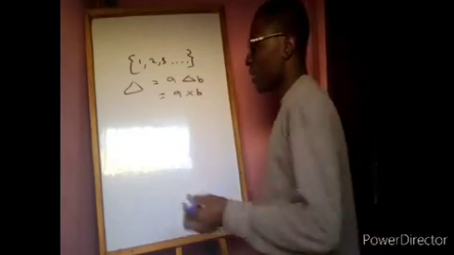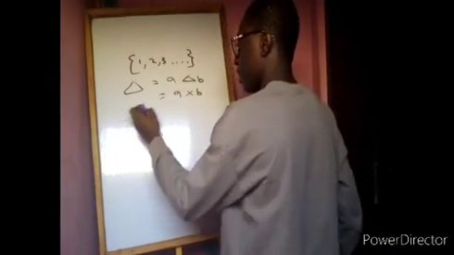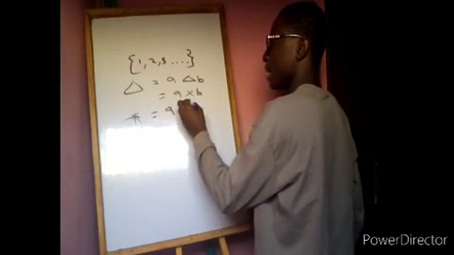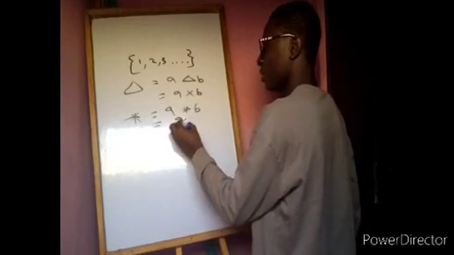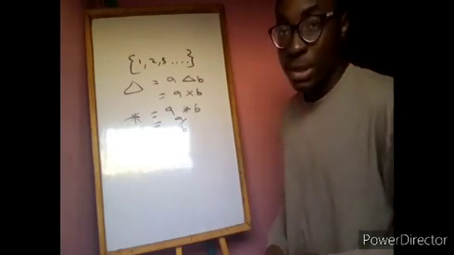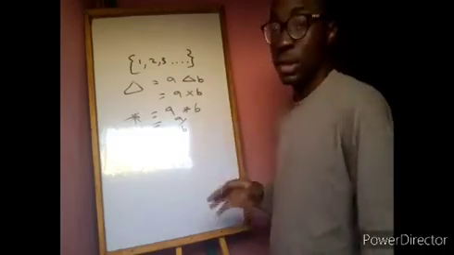We also have another operation, asterisk, defined by A asterisk B equals A over B, and we will determine whether this also gives us an element of the set.